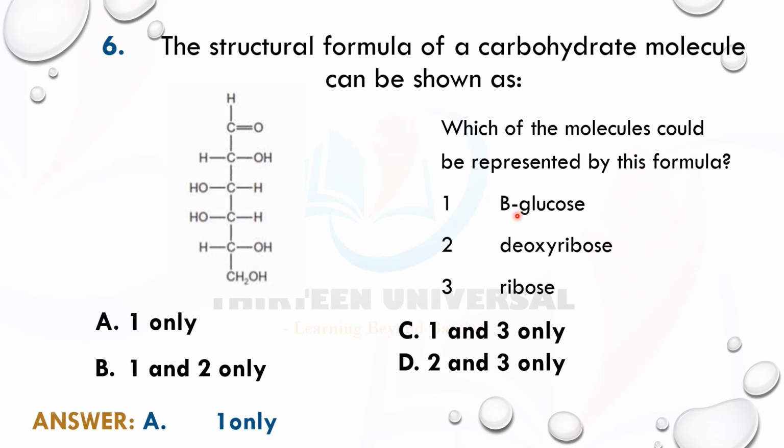Why? Because glucose is a hexose sugar. It has 1, 2, 3, 4, 5, 6. A 6 carbon sugar is hexose. Deoxyribose is 5 carbon. Ribose is 5 carbon. So none of them is a 6 carbon sugar. So the answer is A, because glucose is hexose, a 6 carbon sugar.